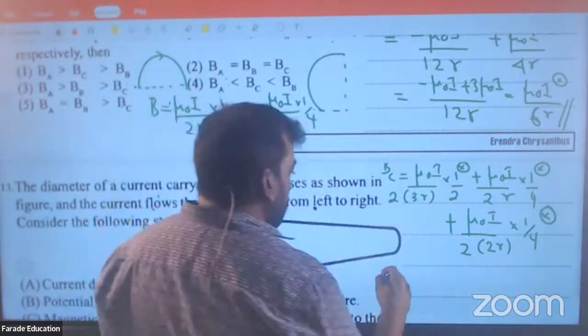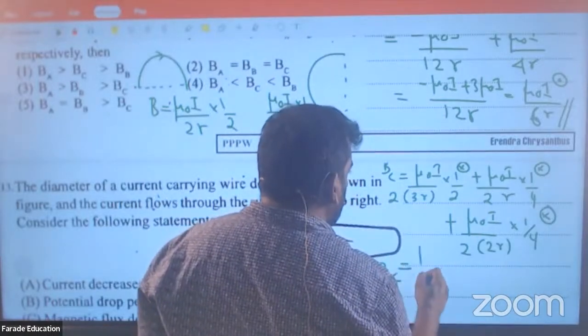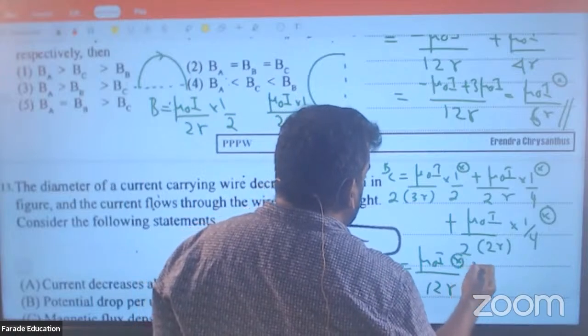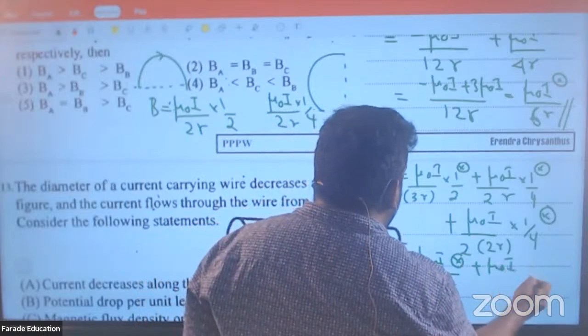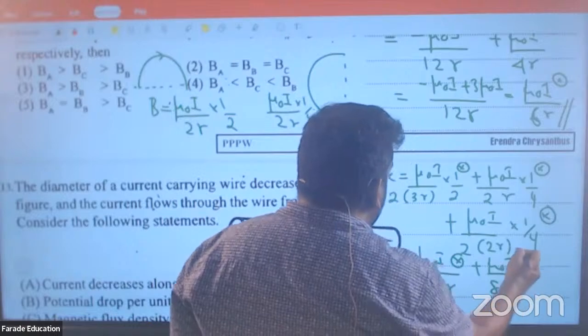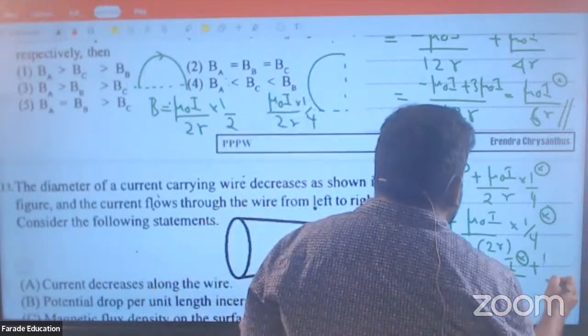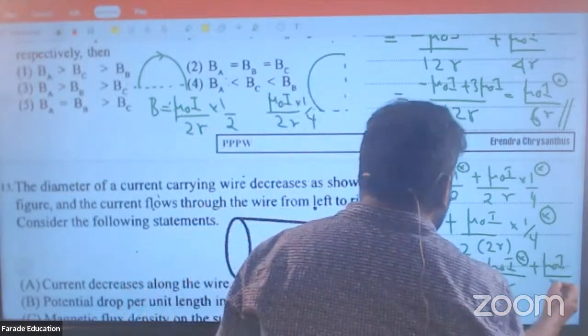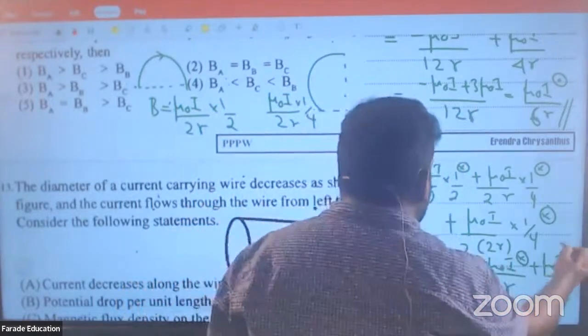Simplify the relationship. BC: mu naught I divided by 12R, inward. Mu naught I divided by 8R, inward. Mu naught I divided by 16R, inward.